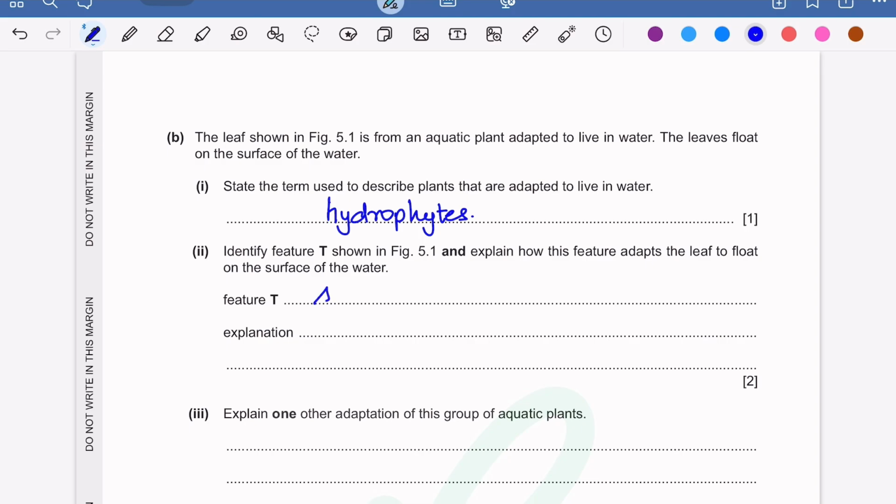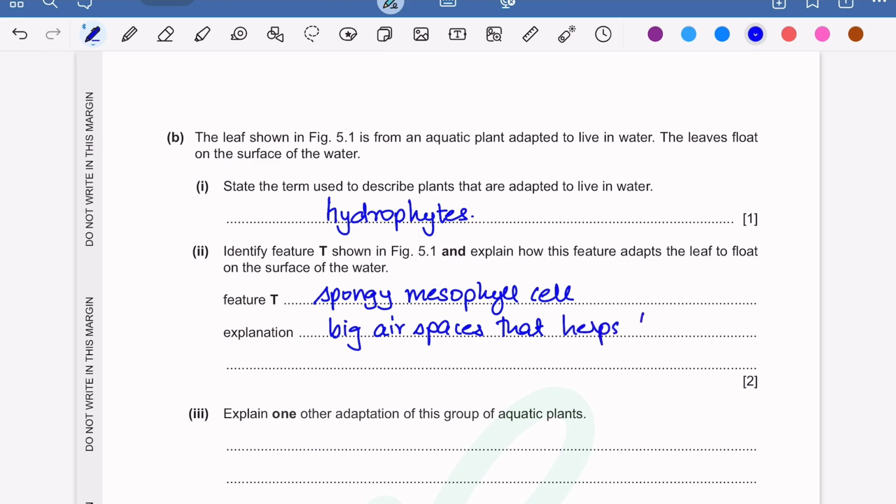So feature T is a spongy mesophyll cell and the explanation is it has big air spaces that help the plant to float.